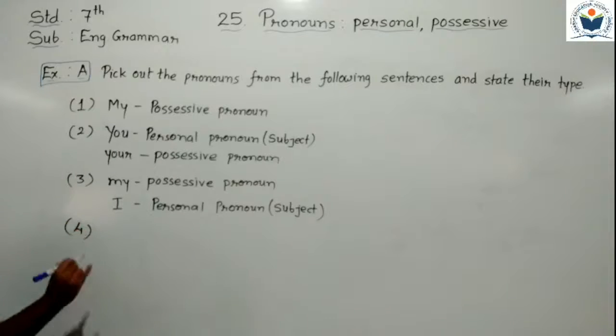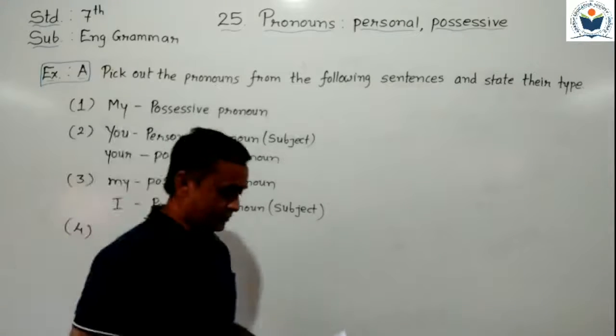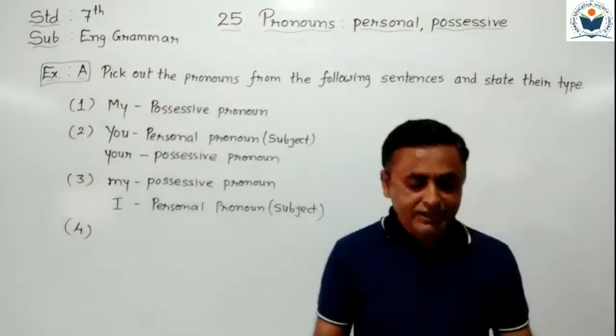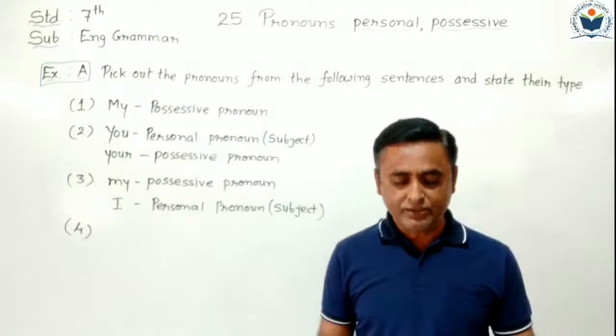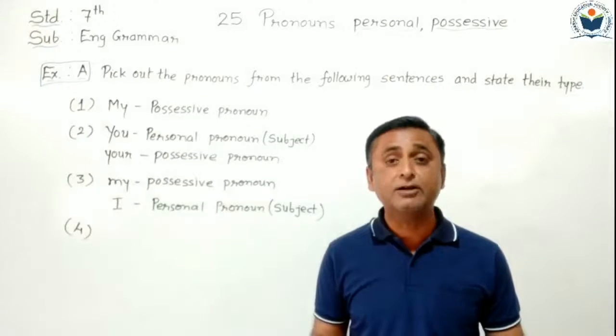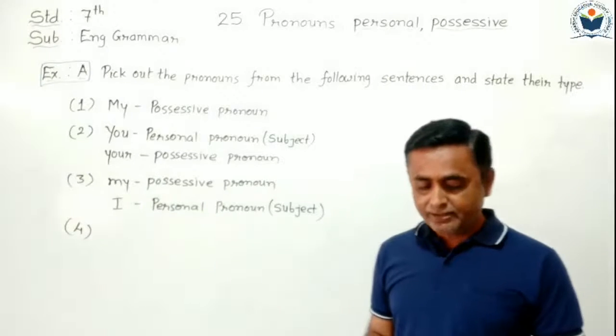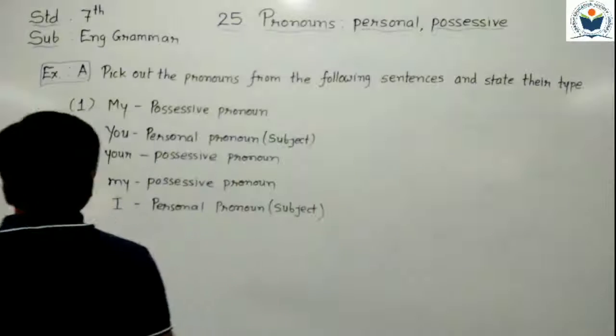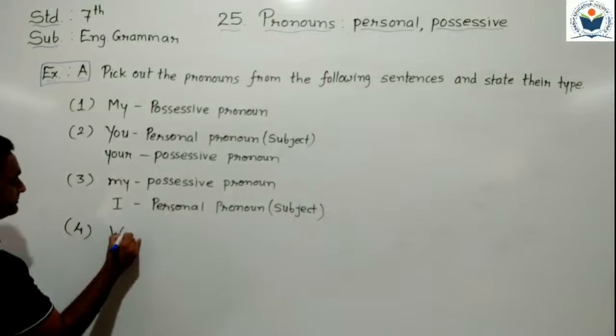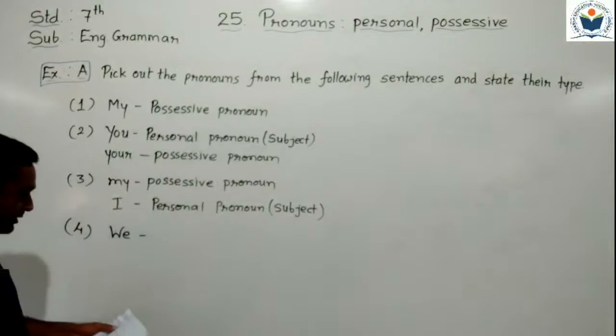Now the fourth sentence we have to see. Sentence number 4. We will all die one day and face our Lord. So here two pronouns are used. The first one is we. We, which type of pronoun is that?